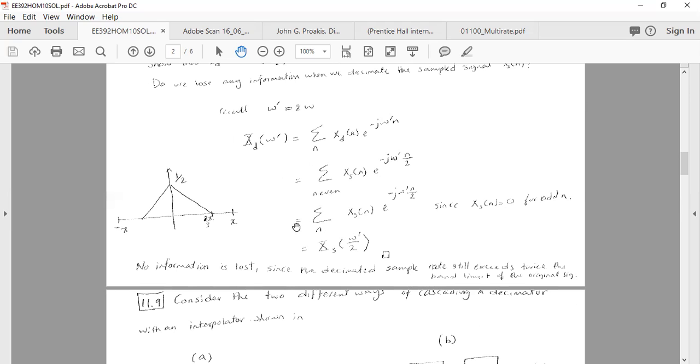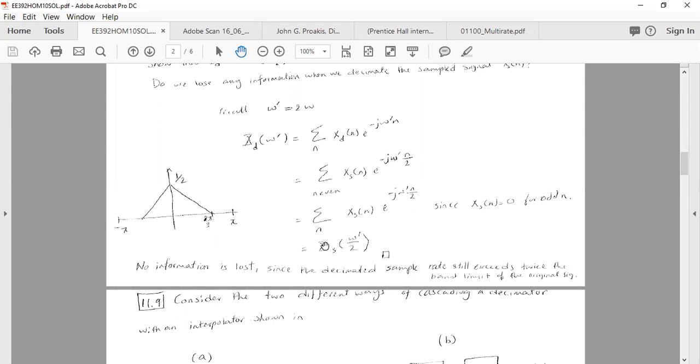So we know the summation of x_s[n] e to the power of minus j omega n upon 2, for all n, since x_s[n] is equal to 0 for odd n. This is equal to the frequency response of the sampled signal, X_s(omega bar upon 2). It is just a step-by-step follow through.